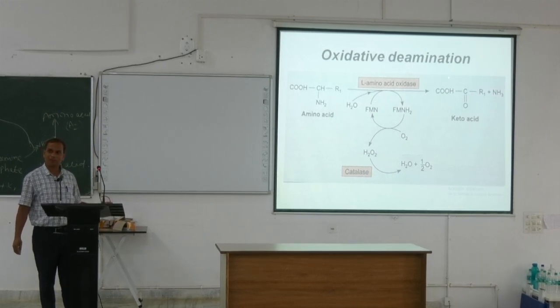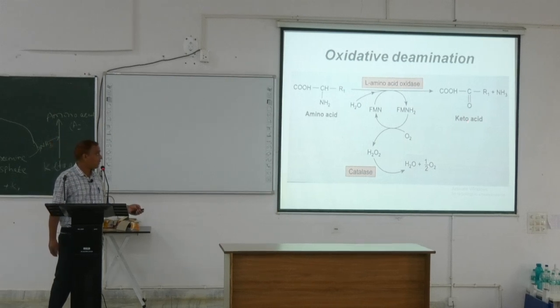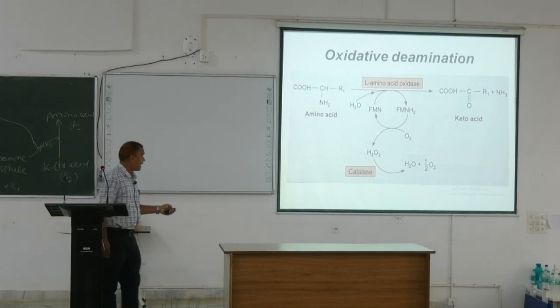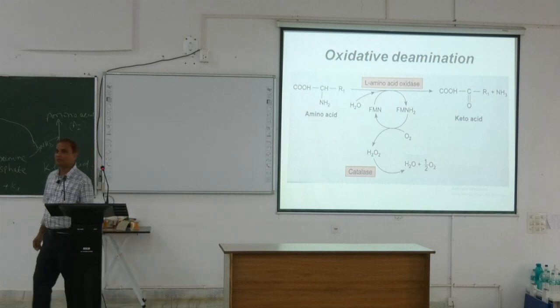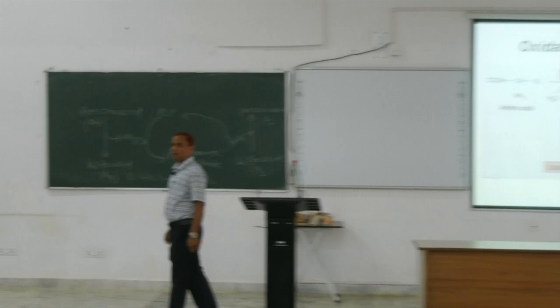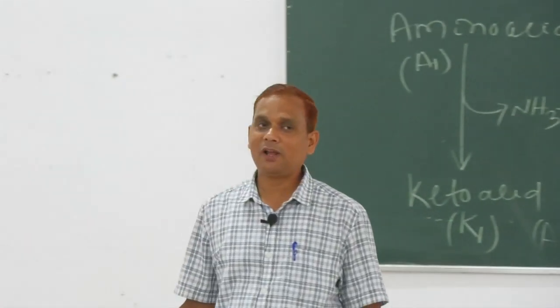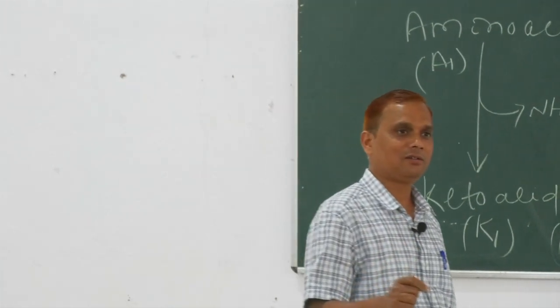At that time, with liberation of ammonia, that is deamination. Deamination is liberation of ammonia, ammonia has to be removed. So now keto acid forms. FMN becomes FMNH2. In that reaction, H2O2 hydrogen peroxide will be synthesized. Is it good for tissue or not?